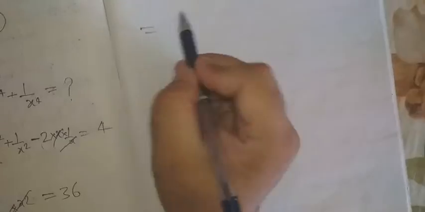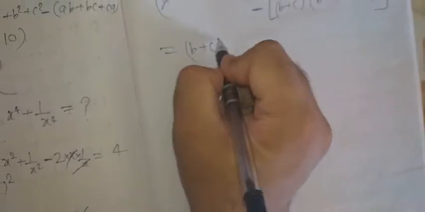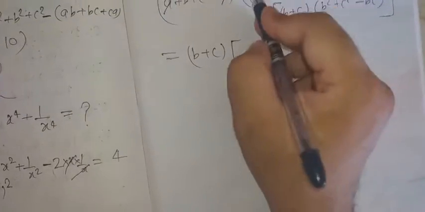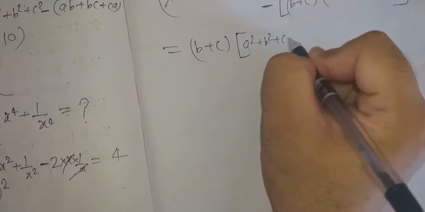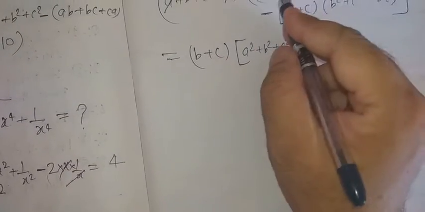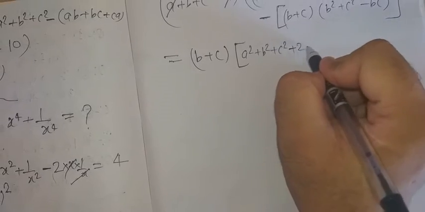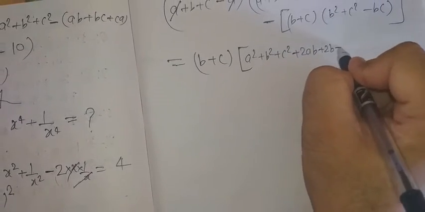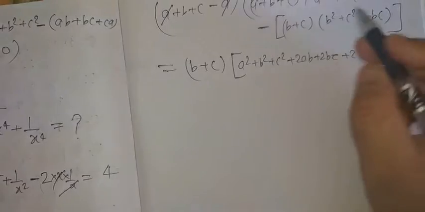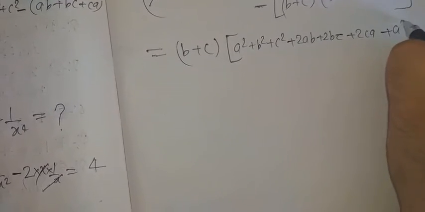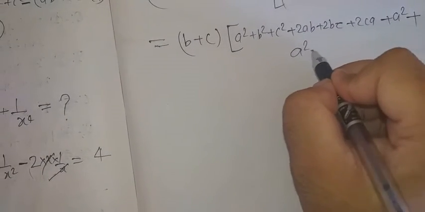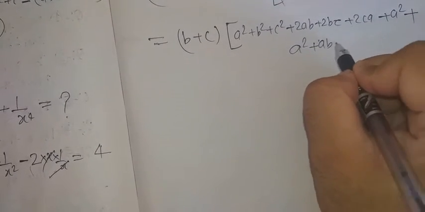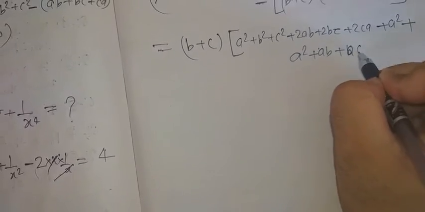Just this a and a will cancel, so b plus c, and just break it. (a plus b plus c) whole square, you know, is a square plus b square plus c square plus 2ab plus 2bc plus 2ca, plus a square plus ab plus ac.